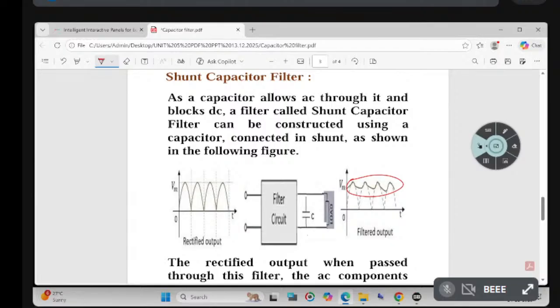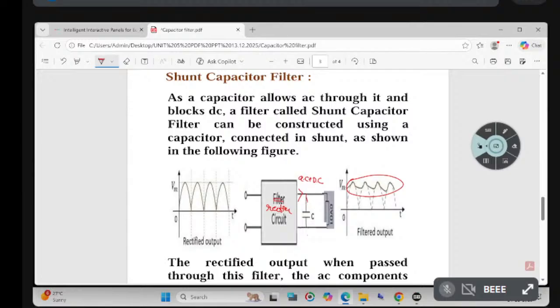Here also it is a rectifier. Here we are passing AC plus DC component. Capacitor is always connected in parallel.